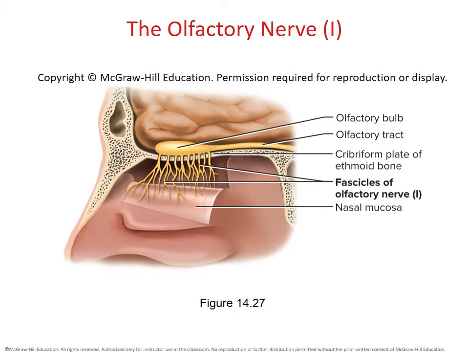One last thing I neglected to mention before we start is that 4 of the cranial nerves are also going to have parasympathetic function. Remember, the parasympathetic system is part of the autonomic nervous system. It's the resting and digesting system. And a large part of the parasympathetic nervous system is 4 of the cranial nerves. That is the majority, really, of the parasympathetic nervous system.